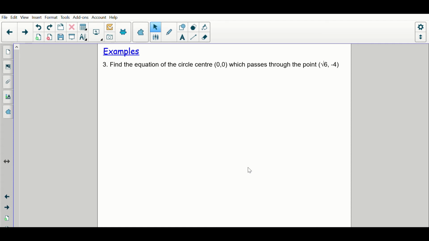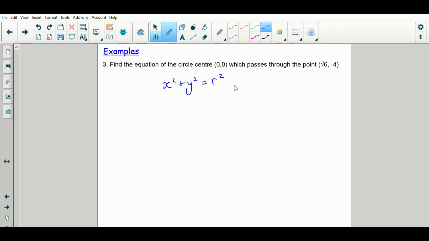So this example gives me a circle centre (0, 0), but instead of giving me a radius, it gives me a point on the circumference of the circle, (root 6, -4). So I want the equation of the circle. I know because it's centre (0, 0), the equation of the circle will be in the form x squared plus y squared equals r squared. So if I substitute in these coordinates, so I've got root 6 squared plus -4 squared, I know that will give me my r squared.